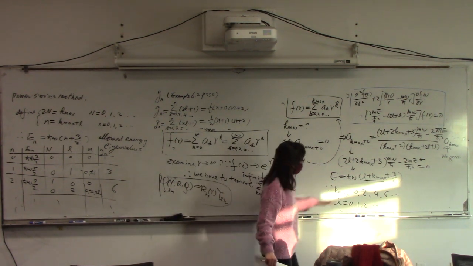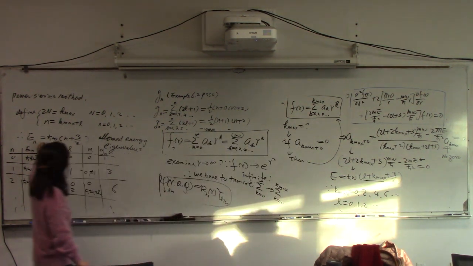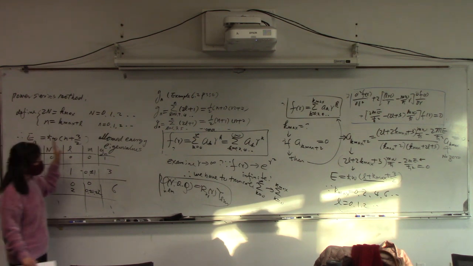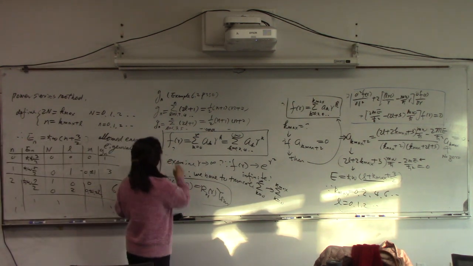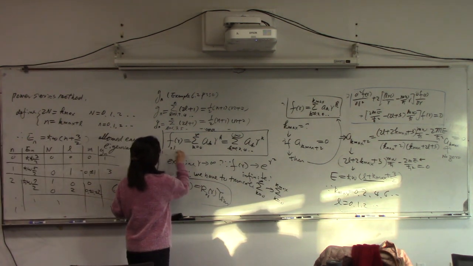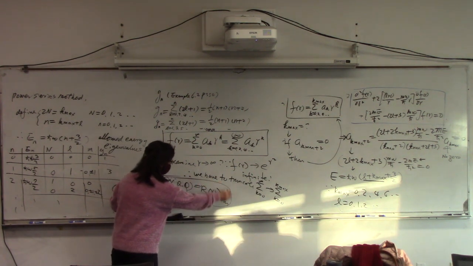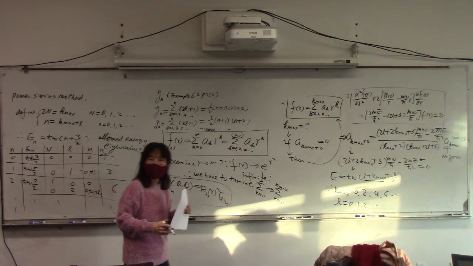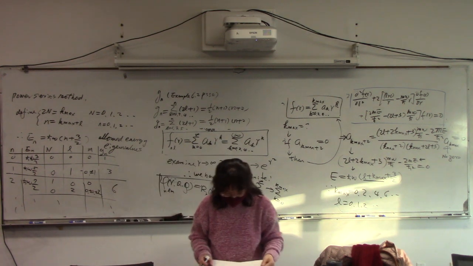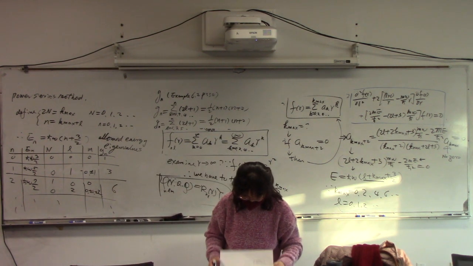From truncation, we can determine the allowed energy. Then we will have, come back here, NBL. Then finally we are going to discuss the function or eigenstates, the behavior of eigenstates and how to determine it.